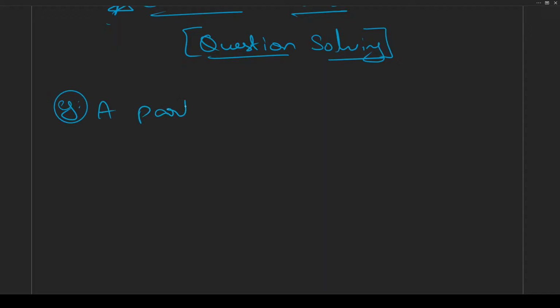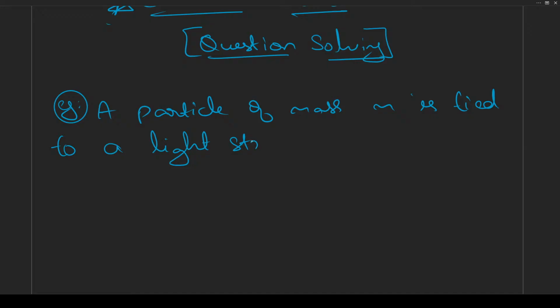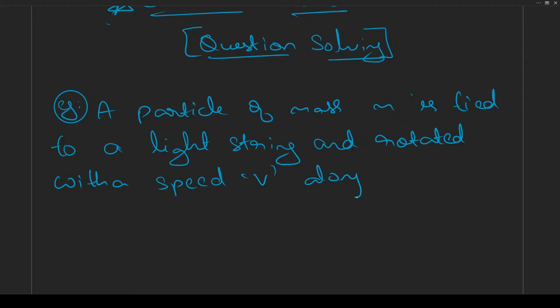A particle of mass m is tied to a light string and rotated with a speed v along a circular path of radius r.